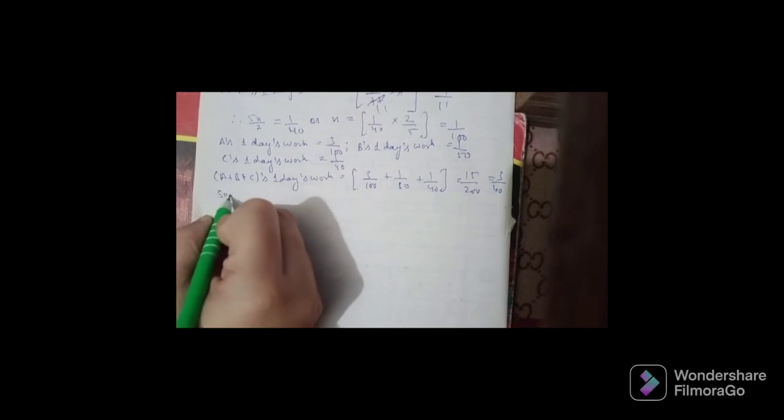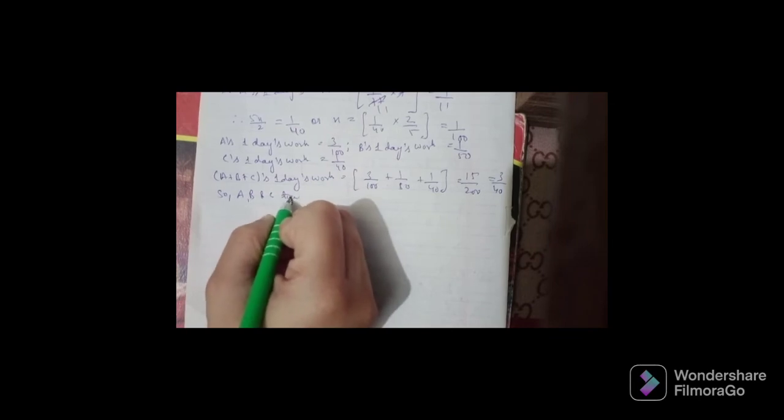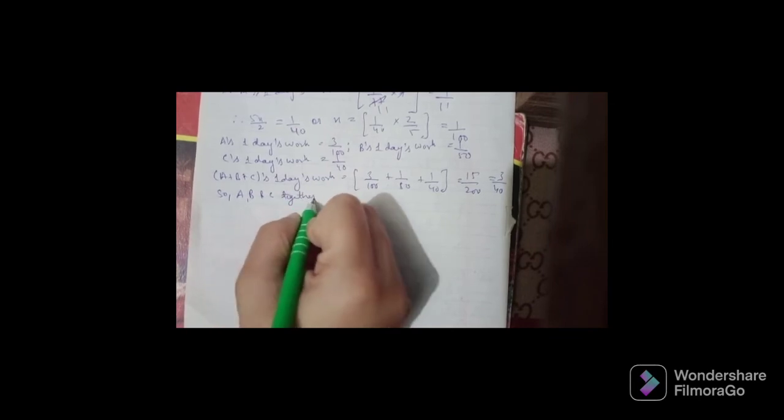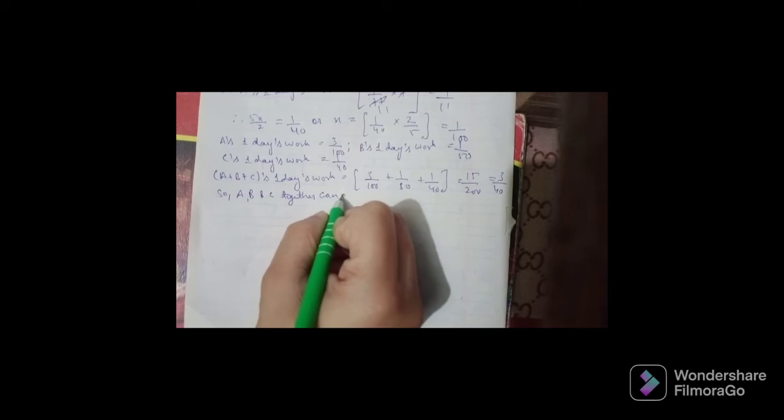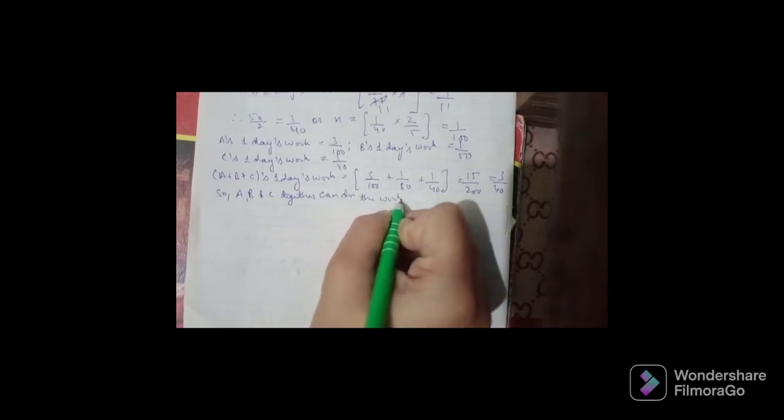So A, B and C together can do the work in 40 by 3, which is 13 1 by 3 days.